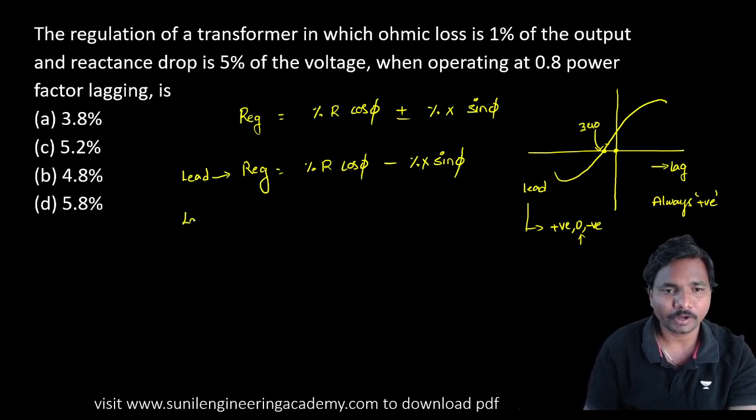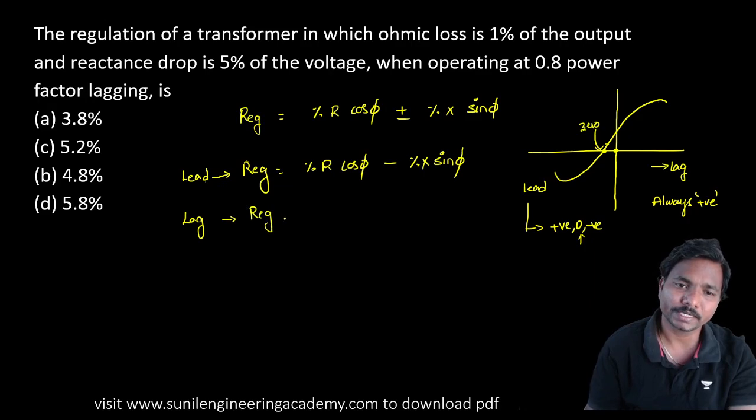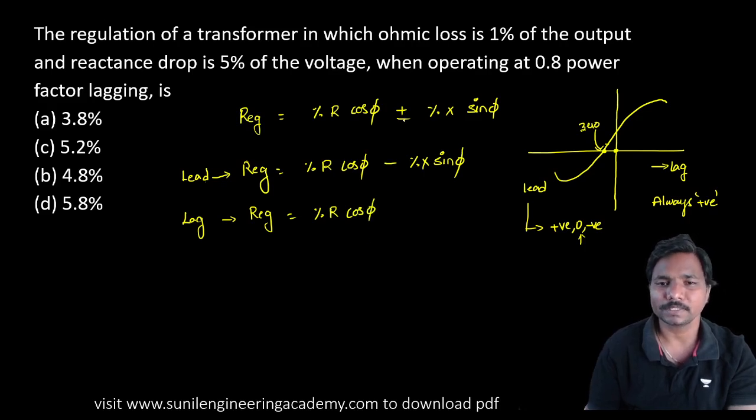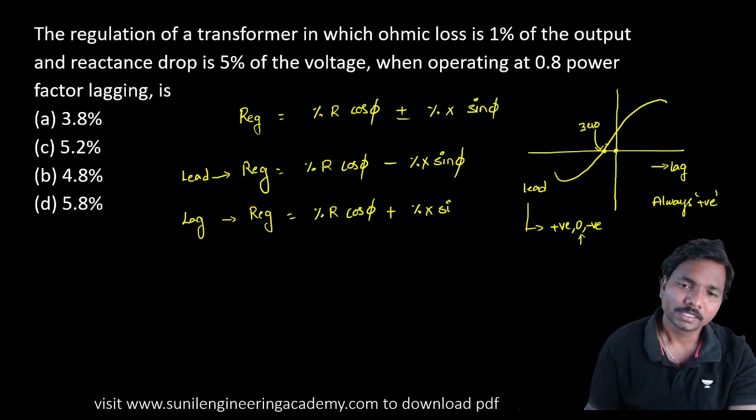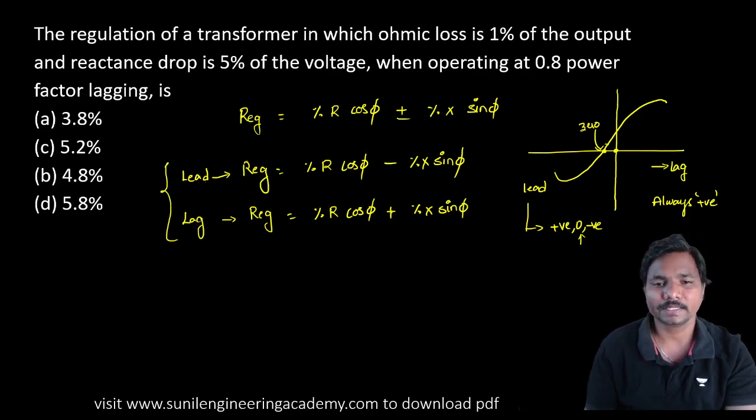For lagging we have to take plus. In lagging, always positive regulation, so you get the maximum regulation. So if you want to get maximum, the sign is plus: plus percentage X sin phi. This is the simple way to remember the formula, minus and plus.